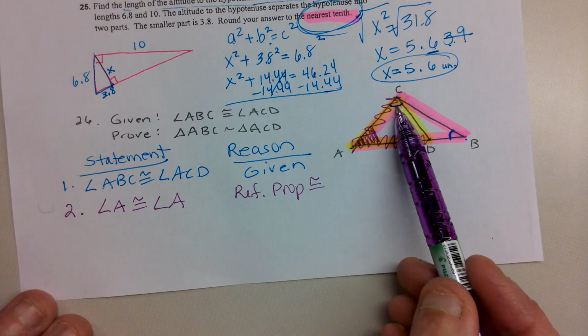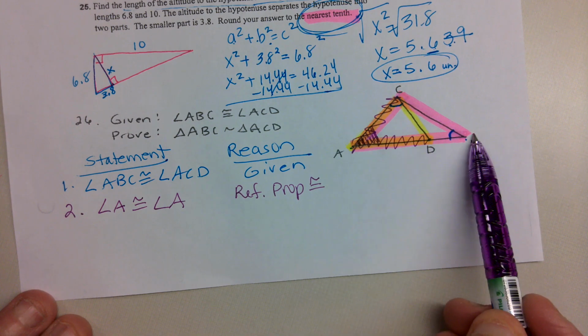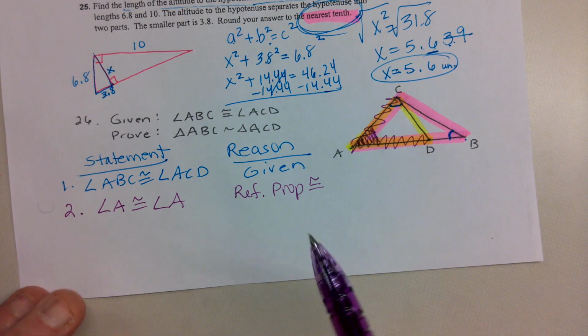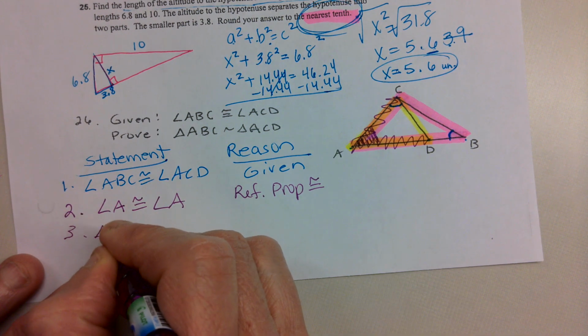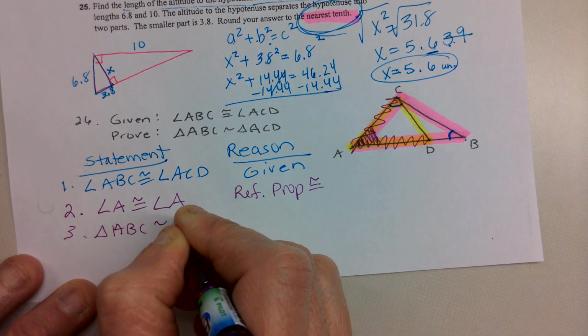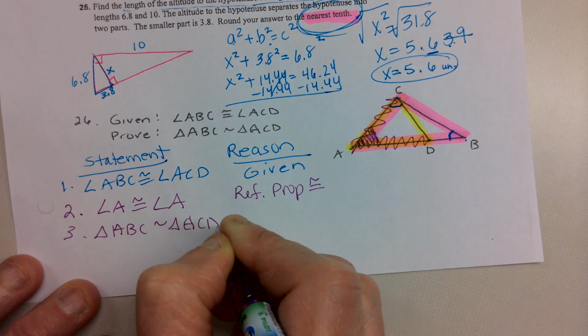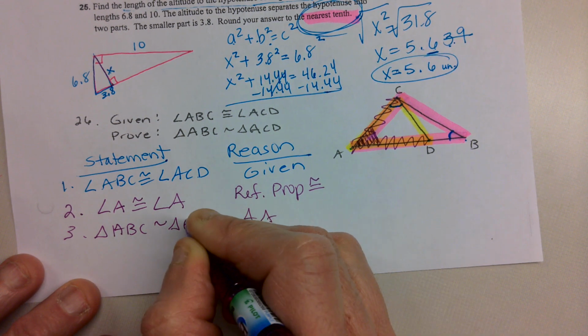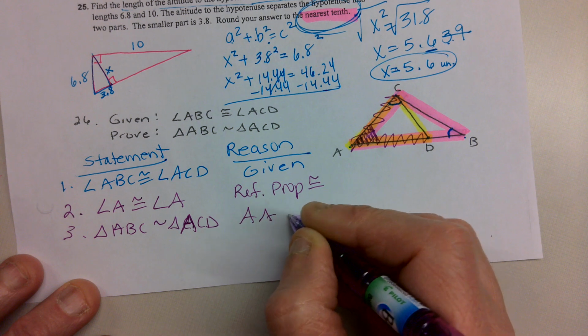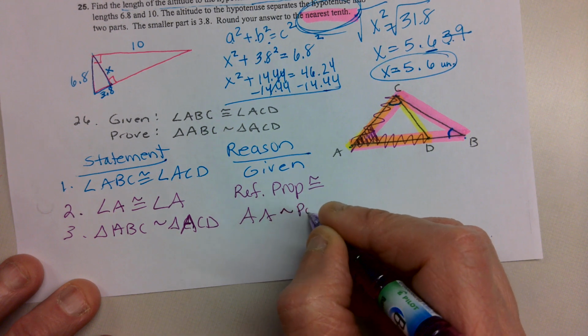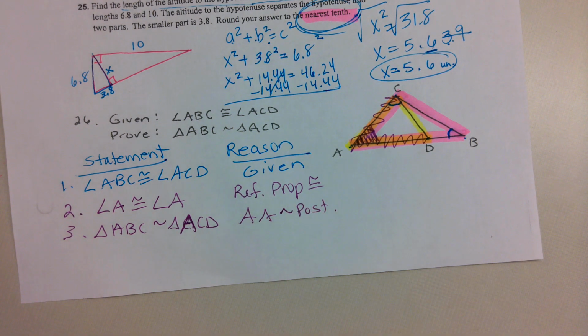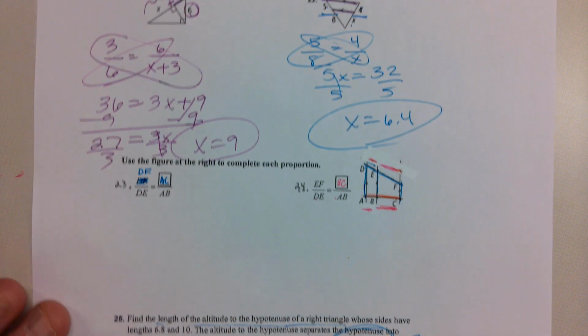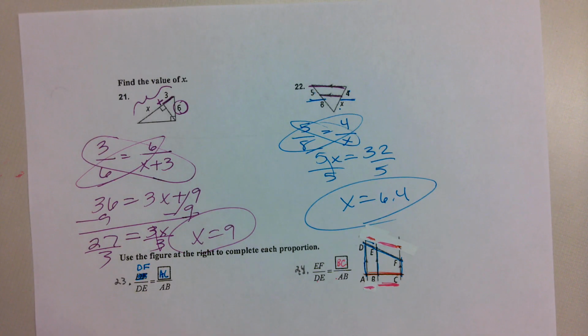This triangle has 1, 2 that are the same as 1, 2. So I can write my proof statement. Angle A, sorry about that, that is a wicked looking A. All right, angle-angle postulate.